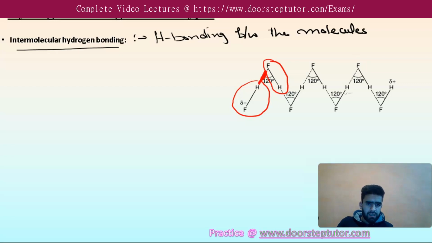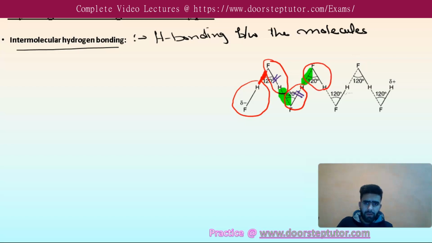Similarly, as we can see here, the hydrogen bonding is between this HF molecule and this HF molecule.